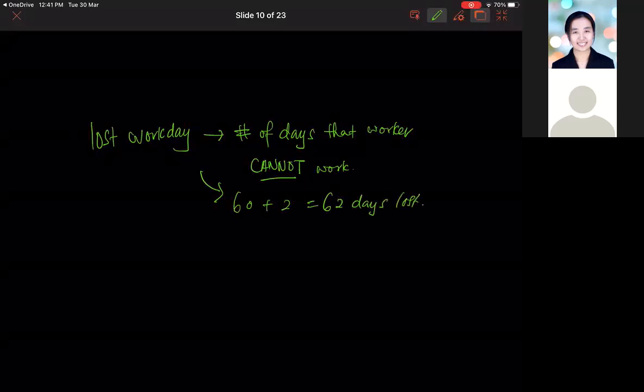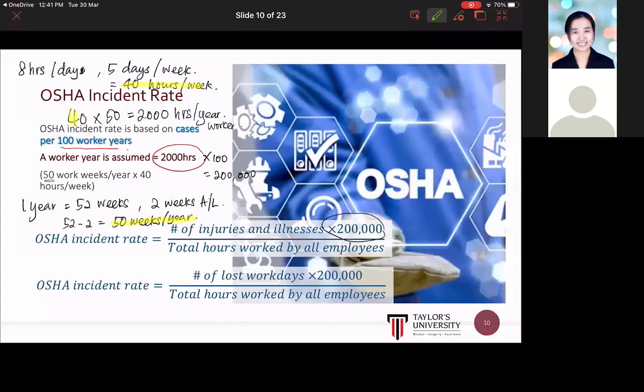So if you are to calculate the incident rate, you will see 62 here with 200,000 and the total hours worked by all employees.